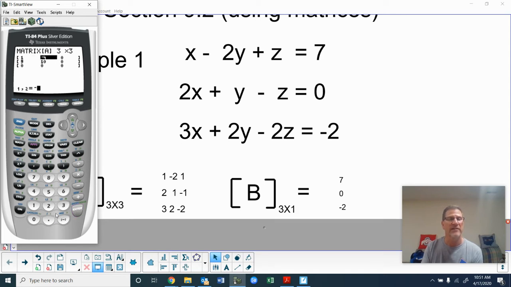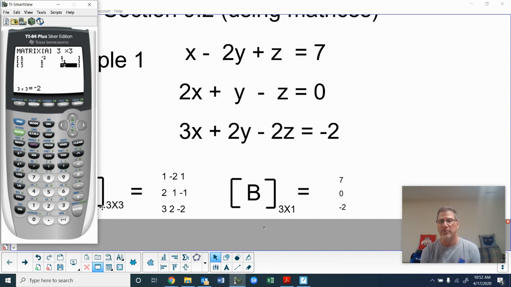Here's your negative sign, -2, enter, and 1, enter, and then 2, enter, 1, enter, and -1, enter, and then the bottom row, 3, enter, 2, enter, and -2, enter. So I've got the A matrix in. It's a 3 by 3 matrix, and that'll be our A matrix always.